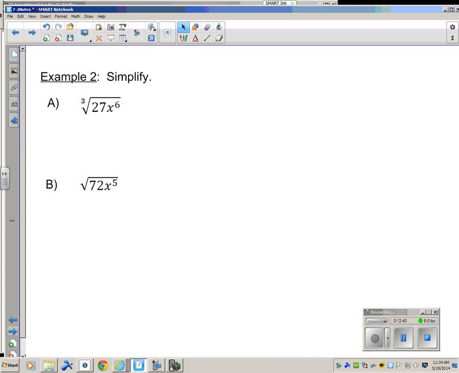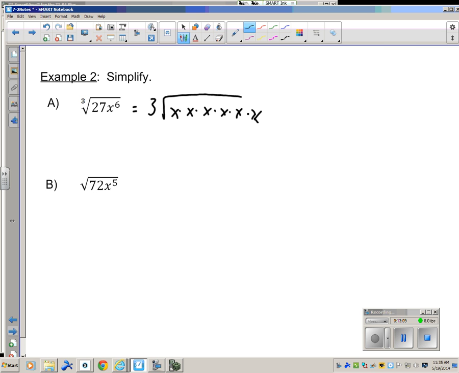We got another cube root here. You could try punching in your calculator. You could punch in the math key, go down to number 4 there, punch in 27 and find the cube root of 27. Oh yeah, it's 3. And then we've got the x's. So now we got x times x times x times x times x times x times, whoops, too many.